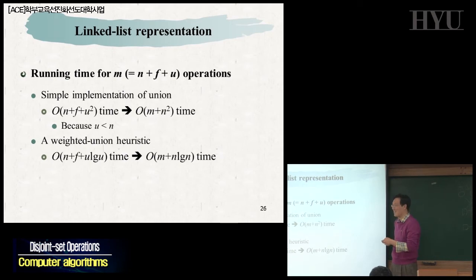Then can you explain that the running time is reduced to n log n from n squared? It isn't easy to understand. I think this is the hardest part of today's lecture.